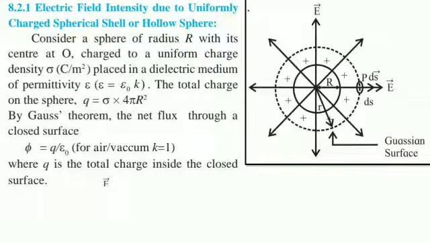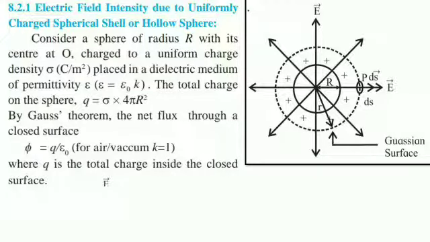Now by Gauss's theorem, the net flux through a closed surface is phi is equal to q upon epsilon naught. Just now we have seen, and for air or vacuum k is always 1. We studied this in the topic electrostatics in class 11th, where q is the total charge inside the closed surface.